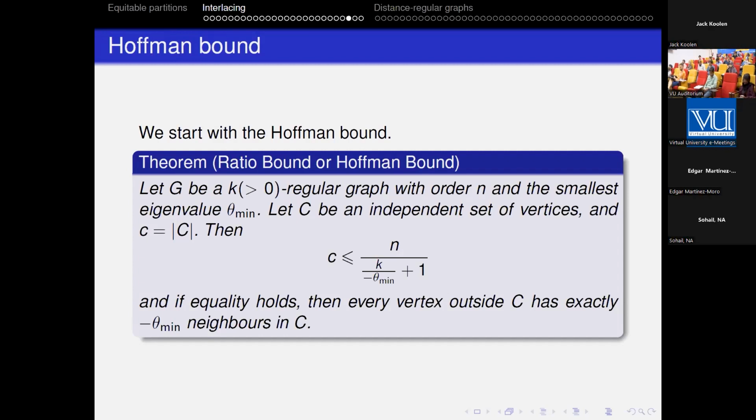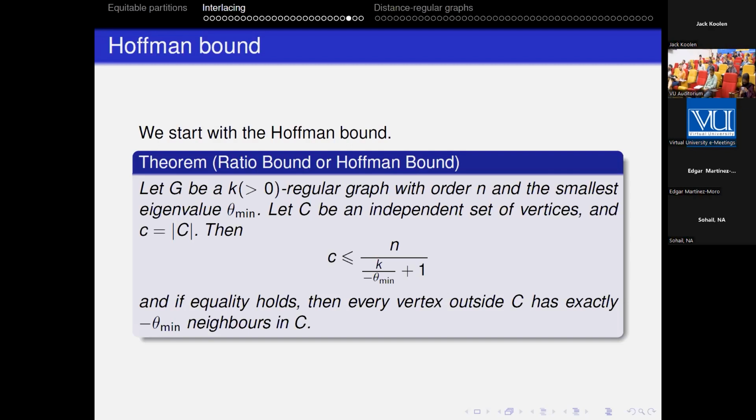Let Γ be a regular graph of degree k greater than 0, having smallest eigenvalue theta min. Let C be an independent set of vertices, and c the order of C. Then the claim is that c is at most n over (k over minus theta min, plus 1).